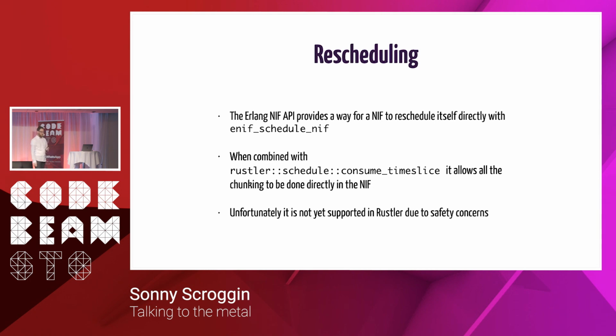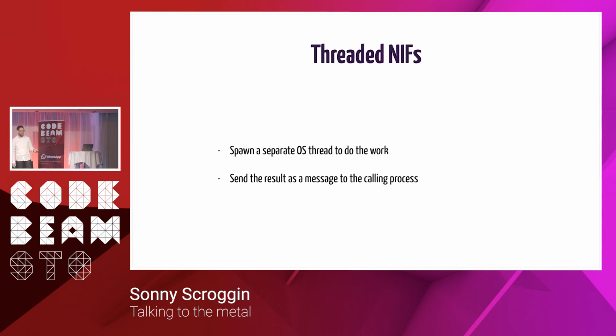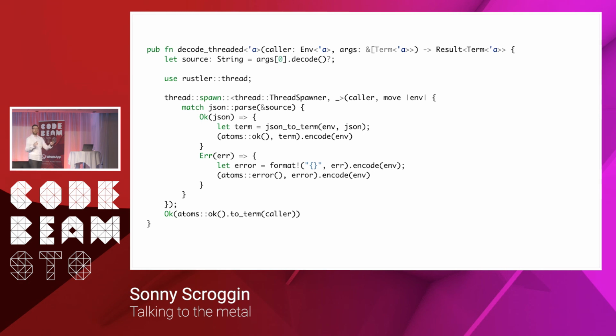All right. So the other option is threaded NIFs. The idea here is that a NIF will spawn a separate OS thread to do the work. And then once it's got the result, it'll send the result to the calling process. So this changes things just a little bit. We have decode threaded now, where we decode stuff. We spawn a thread, and we can now actually go back to using the JSON crate, because in this case, we're just doing the work in a separate thread, which is no longer going to block the scheduler.